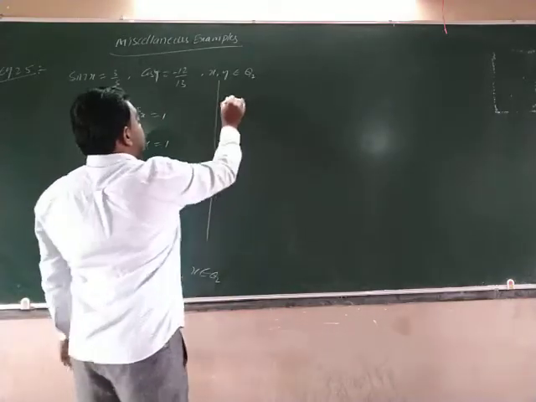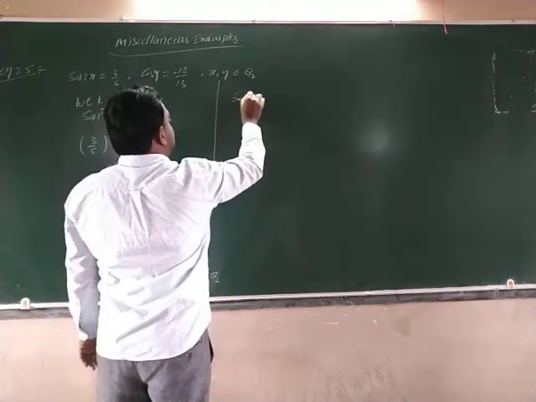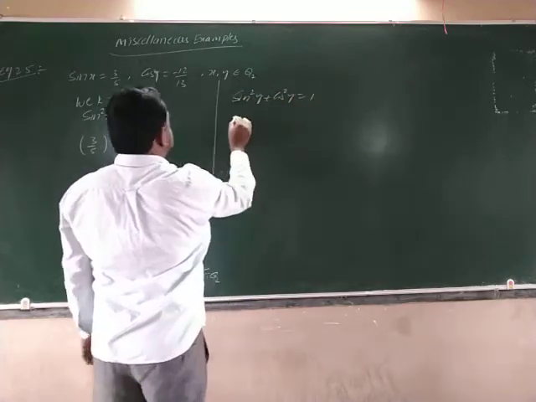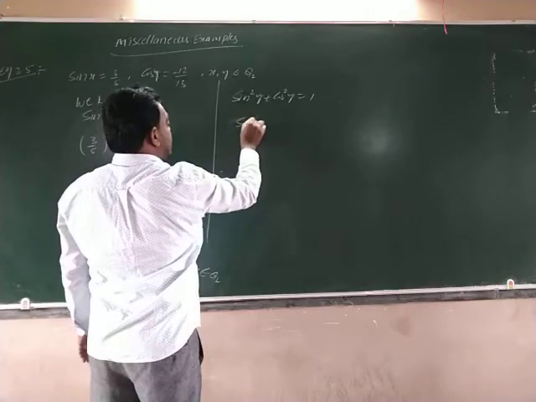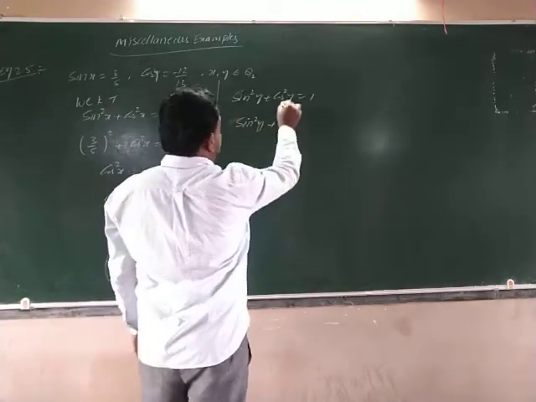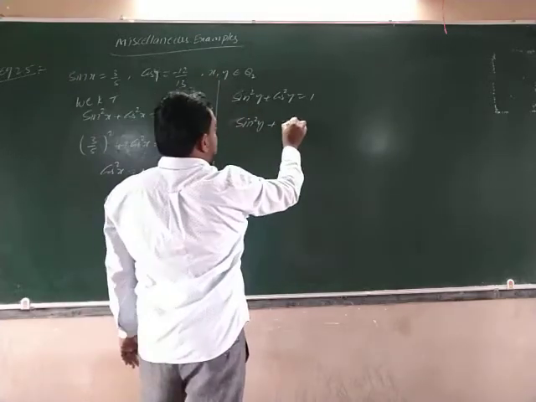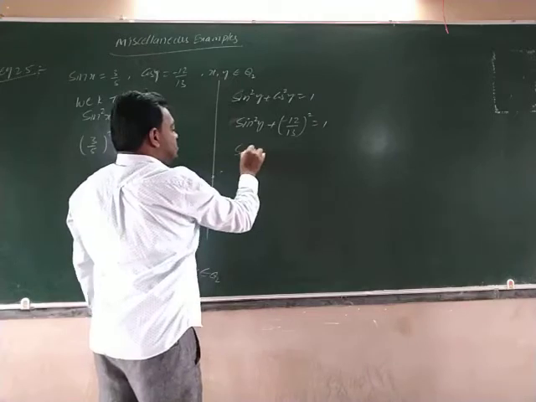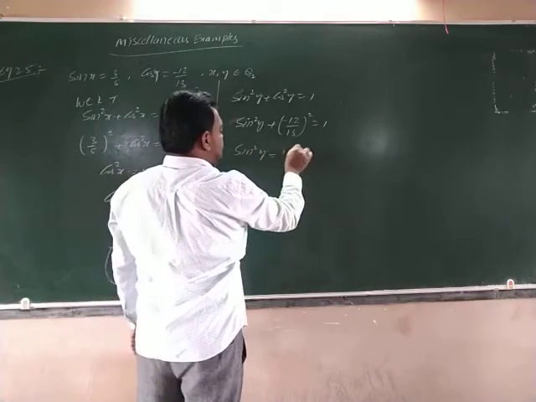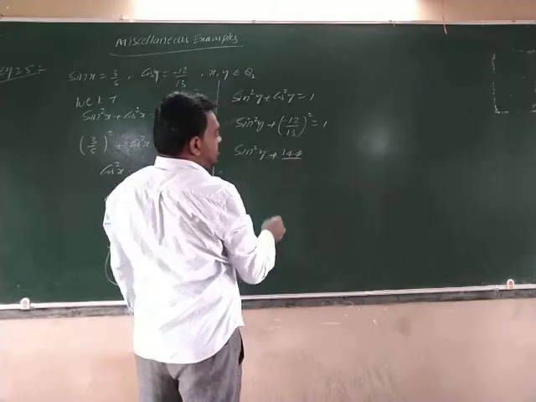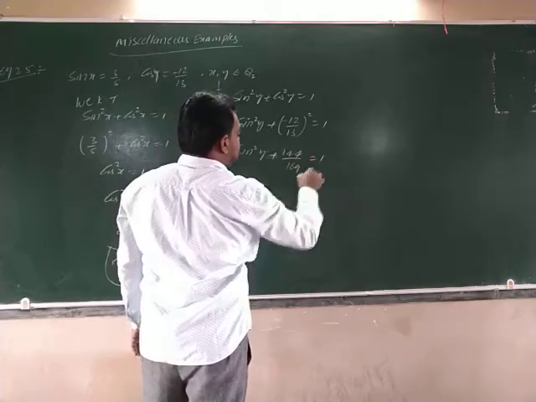Next, similarly, sin square y plus cos square y is also 1. So sin square y plus cos y, that is minus 12 by 13 whole square, is equal to 1. So sin square y plus 12 square, 144, by 13 square, 169, is equal to 1.